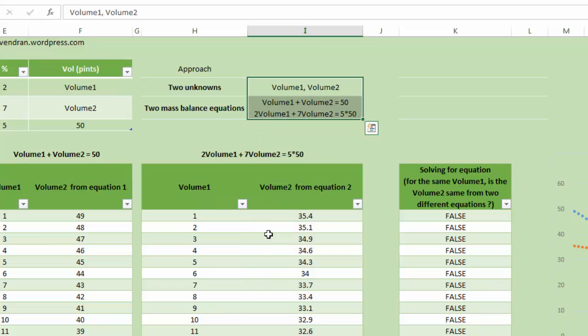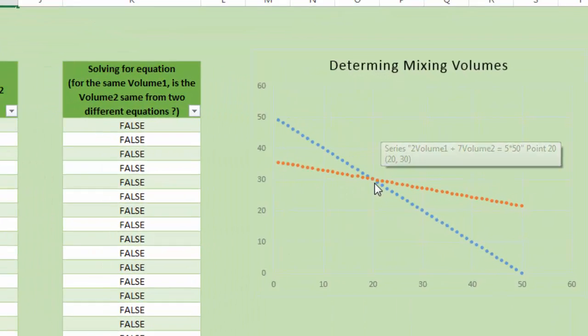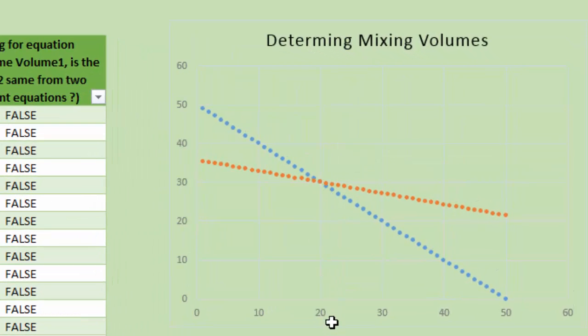It's not surprising that we get a linear plot, and they nicely intersect at one particular point. The x-axis is volume 1, the y-axis is volume 2. That's exactly one point where they intersect, and that intersection point gives you the volume of acid 1 and the volume of acid 2 needed to make the final volume of 50 milliliters of 5%.